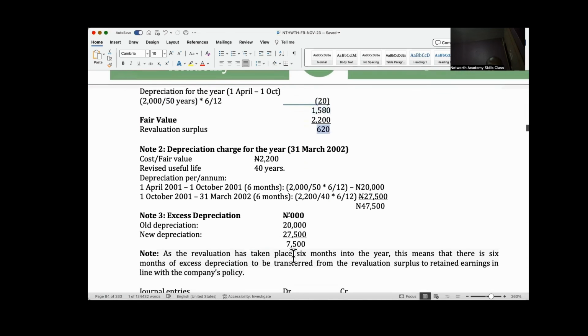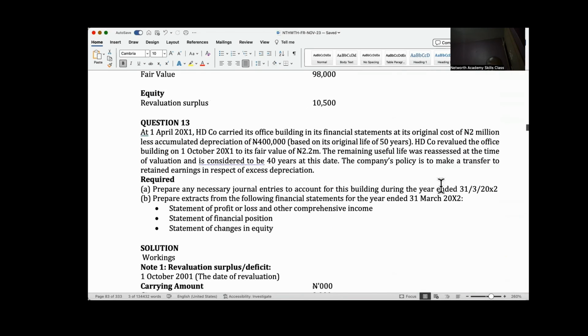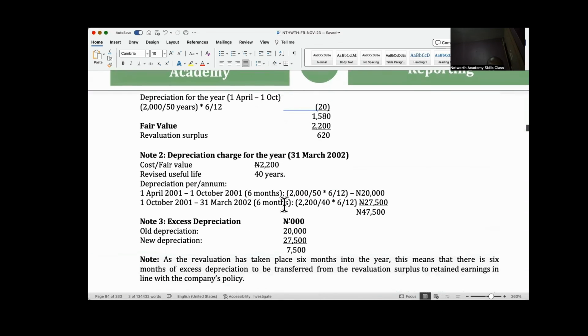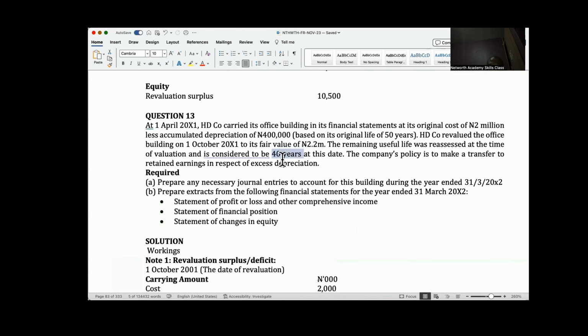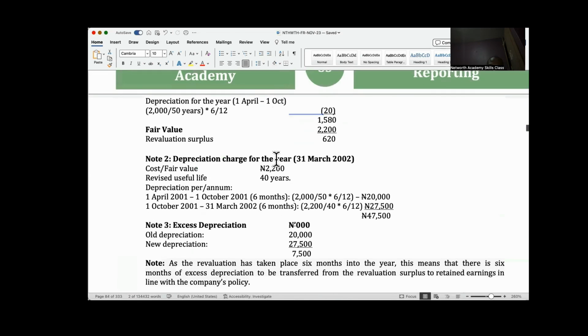Secondly, I will need to determine my depreciation for the year. Since the year end is 2002, from the question, you will see that it's 31st March 2002. I have my fair value now to be 2,200 from 1st of October. And from the question, the remaining useful life is now 40 years. Therefore, how do I get my depreciation per annum?